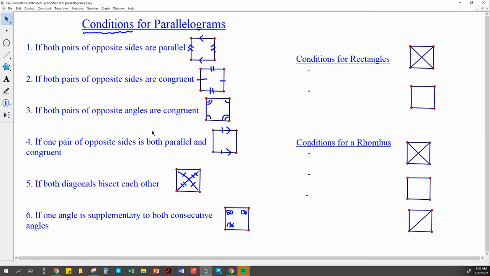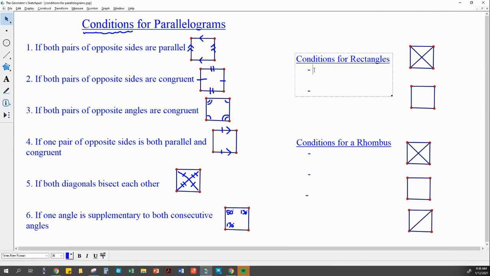All right, so there are 6 different ways to know whether we're looking at a parallelogram. If you know you have one of these 6 conditions, now we can progress further. All right, for a rectangle, there's 2 ways to know whether you have a rectangle. One, if the diagonals, right?